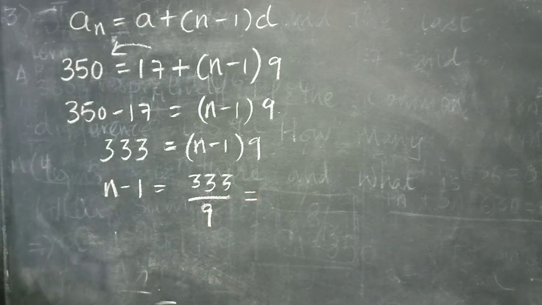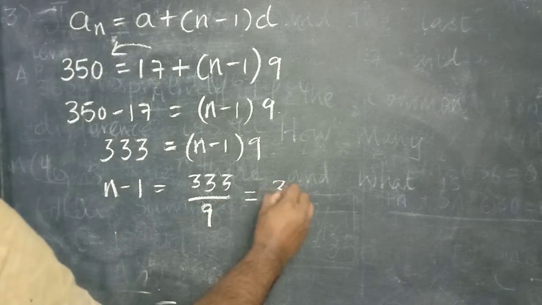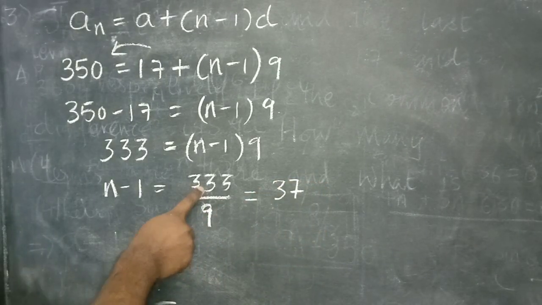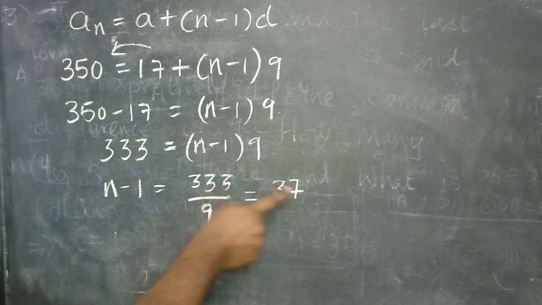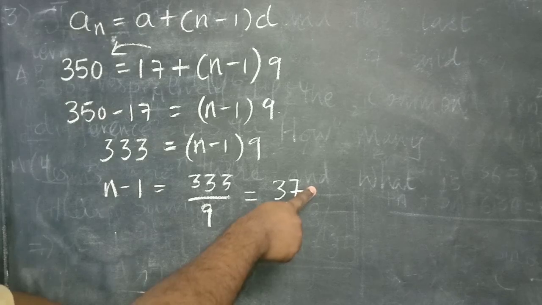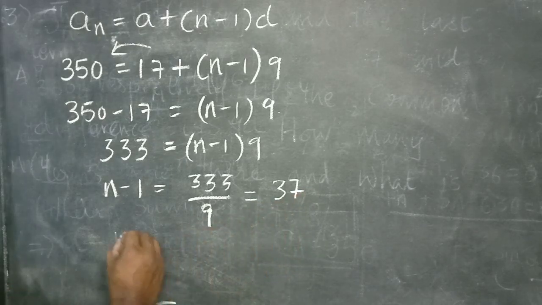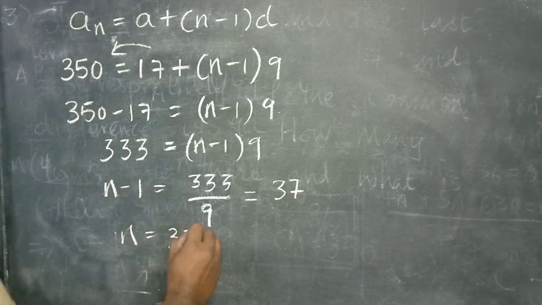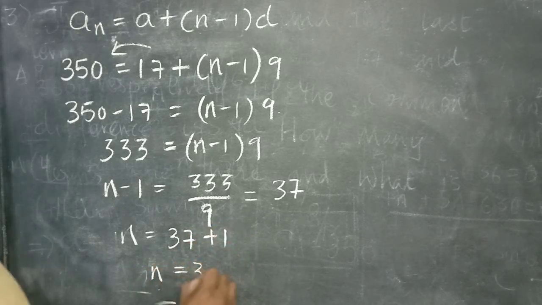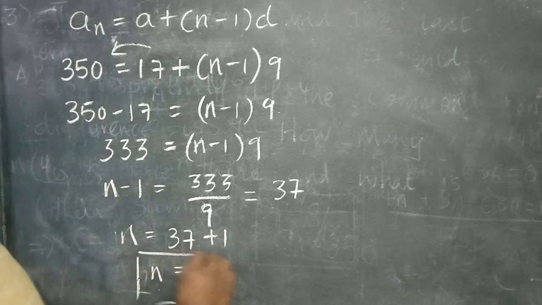Now what we get? 333 divided by 9, we get 37. 9 3s are 27, then we get 63, 9 7s are 63. Now shift minus 1 to outside, it becomes plus 1. 37 plus 1, what we get? N equals 37 plus 1. N equals 38.